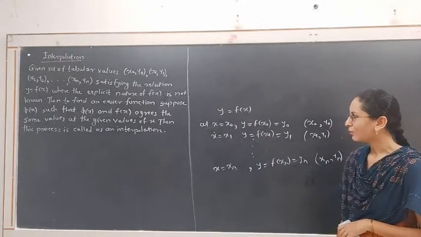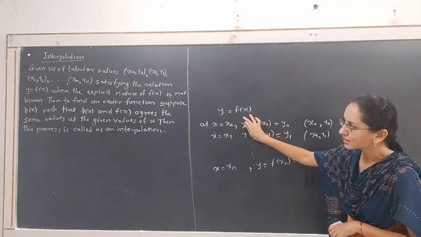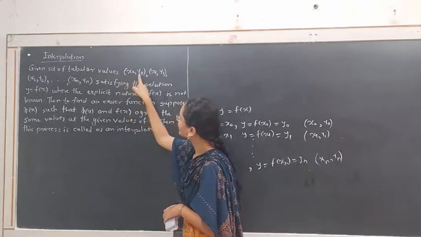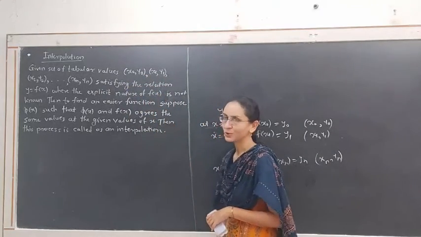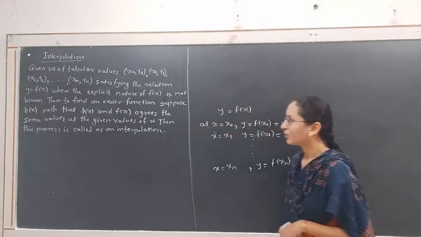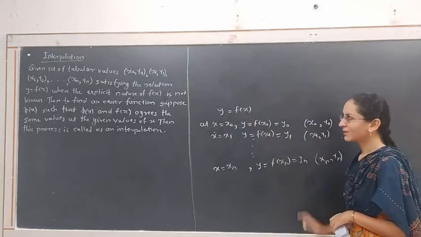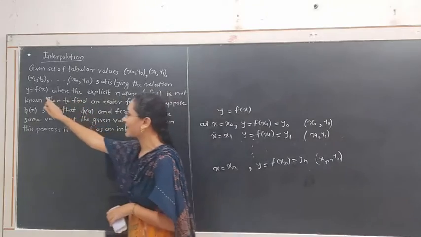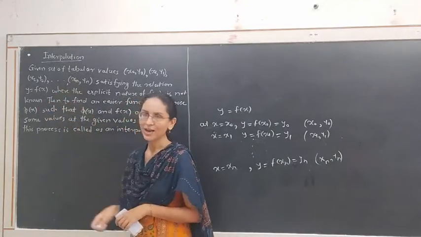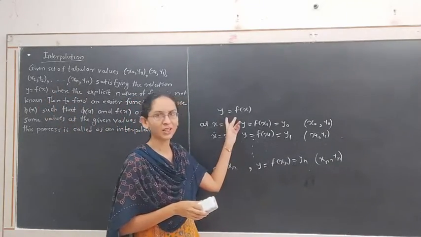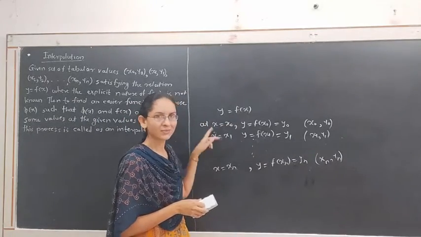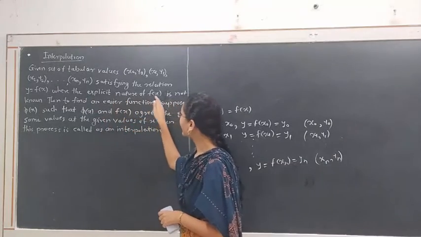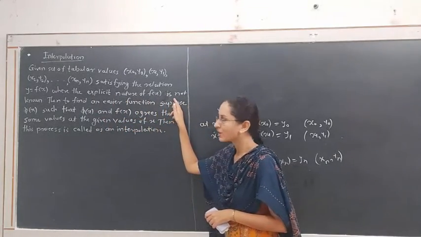Now we see how to interpolate a function. Given a set of tabular values x0, y0, x1, y1 up to xn, yn. We know how to calculate these values from the given function, satisfying the relation y is equal to f of x, because these values are obtained by considering this function and the values of x, which are equally spaced, where the explicit nature of f of x is not known.